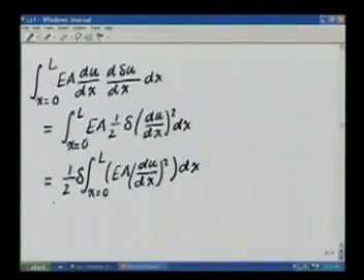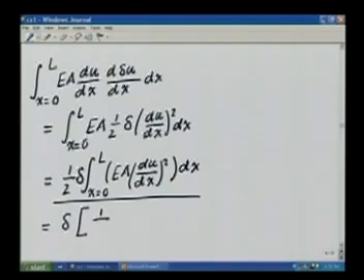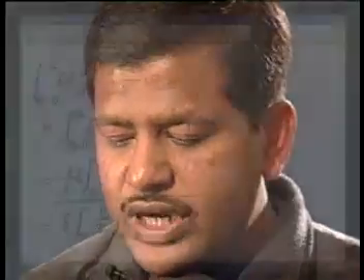Okay. So the first term essentially can be written, in a more compact way, as delta of half of integral x equal to 0 to L EA, if I want to write it now using a simpler notation, EA derivative of u with respect to x squared dx.